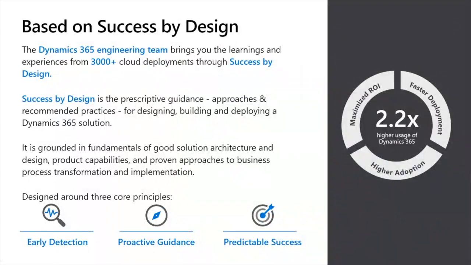You will see FastTrack refer to Success by Design in our engagements, and we will be sharing more of this framework with partners going forward. That means we will be sharing the material, examples, and artifacts that you can use when you execute the Success by Design workshops.